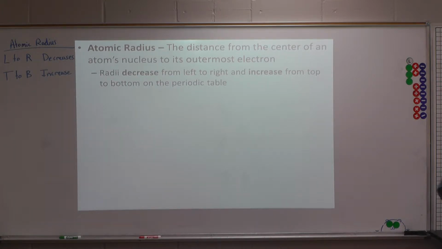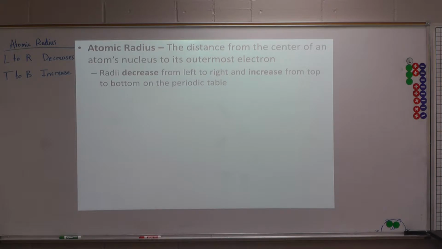Okay? So let's just think as if we're dealing with the second energy level. It becomes more difficult if you change the vertical column and the horizontal column at the same time, so we're just going to focus on one particular energy level. Let's say I am going in the second energy level left to right.